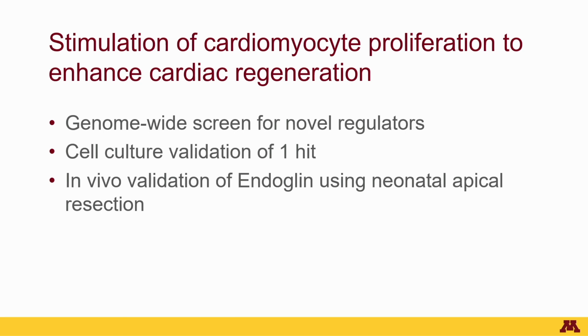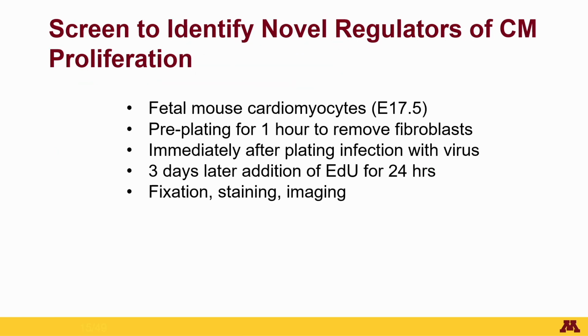This was done in cell culture initially, and today I'll talk about one of the hits coming out of that initial screen. So the screen was done using fetal mouse cardiac myocytes isolated at embryonic day 17 and a half, when in vivo they are still proliferative.